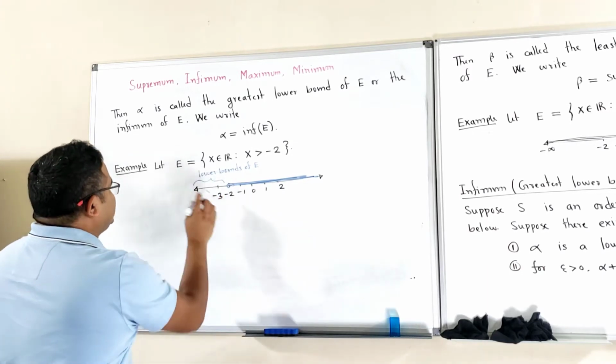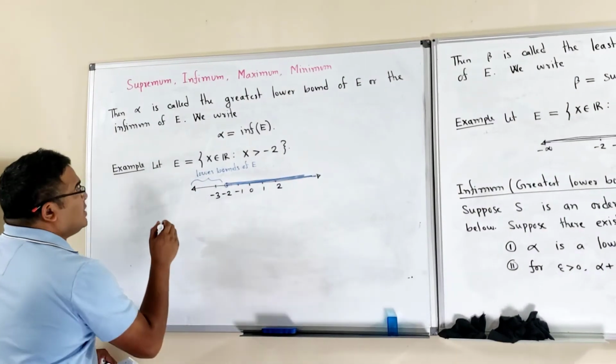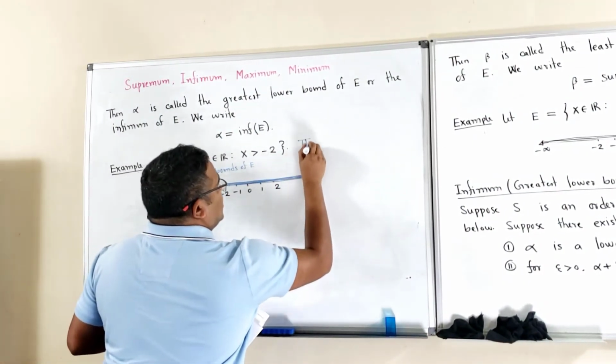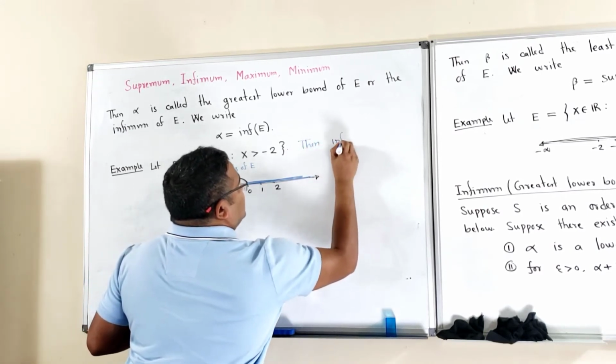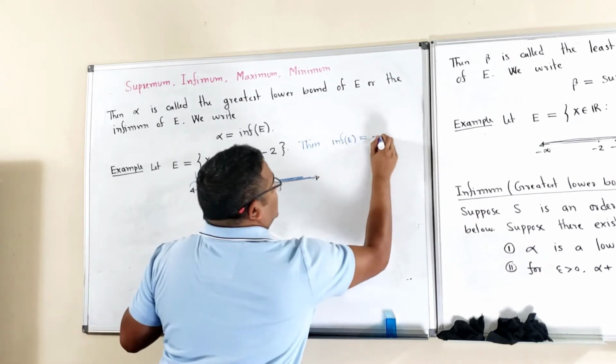So for this set, the infimum of the set E is -2.